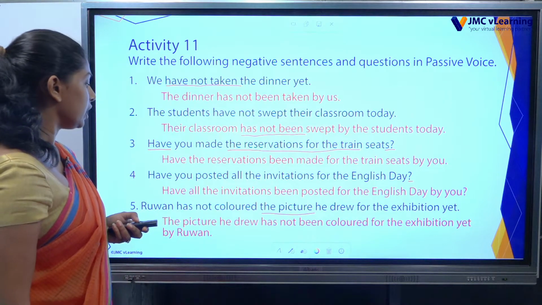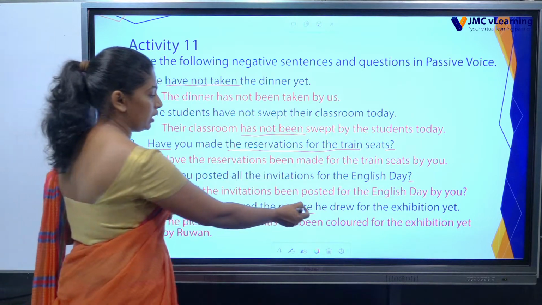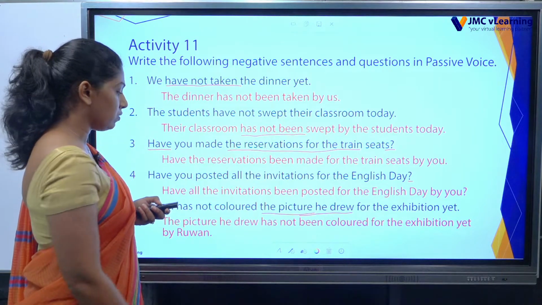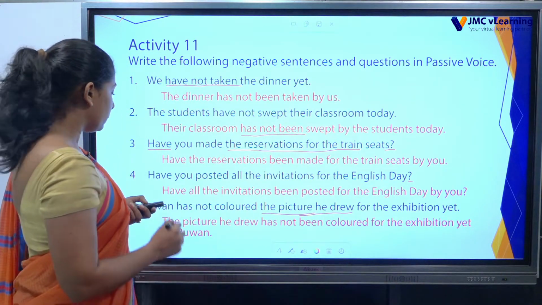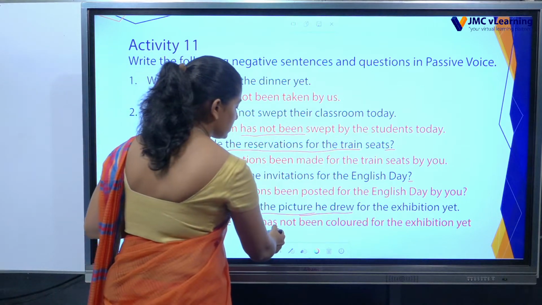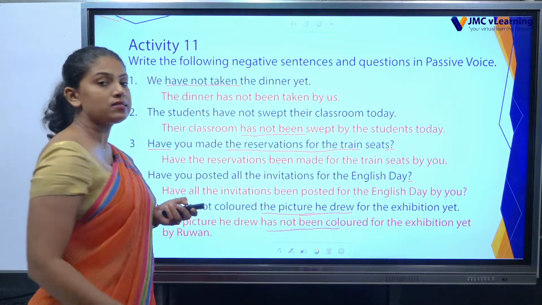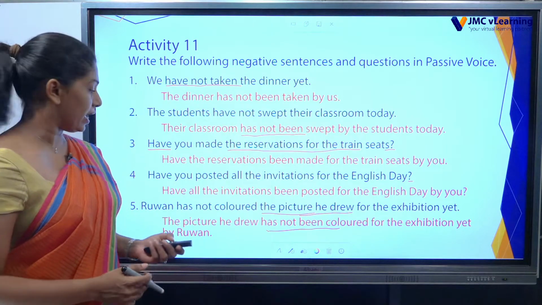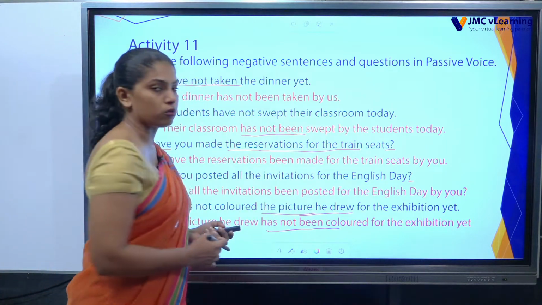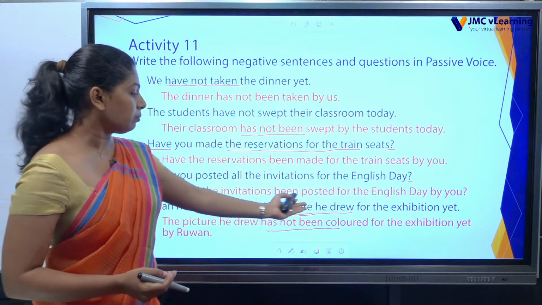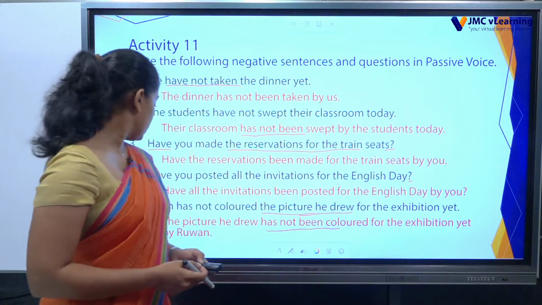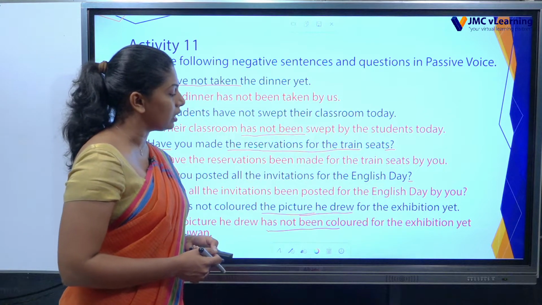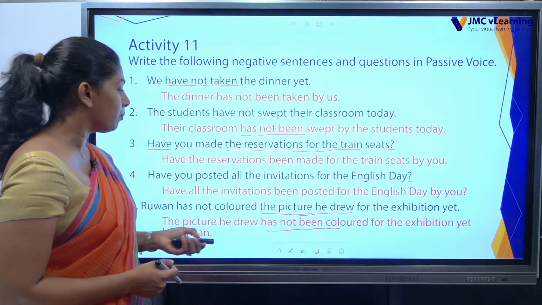The picture he drew, that is the object here, we have to take this part as well. So, the picture he drew has not been colored, because we took has here, this is singular. Has, to show negative we have put not, then helping verb, then verb past participle. So, the answer comes: the picture he drew has not been colored for the exhibition yet by Ruwan.